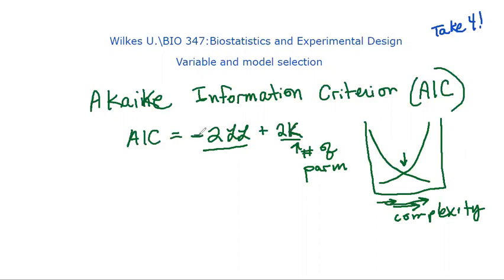This negative here means that the better the model fit, the smaller we get. But if we do it at the expense of adding parameters, the larger we get. So the smaller the AIC value, the better.